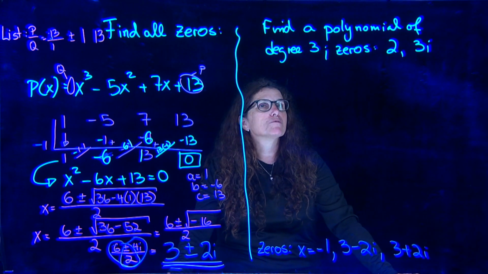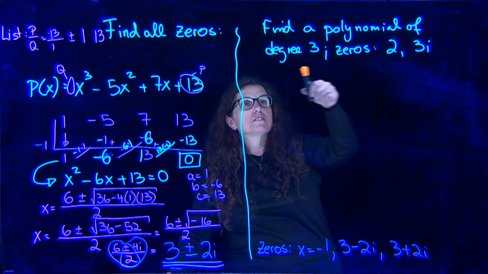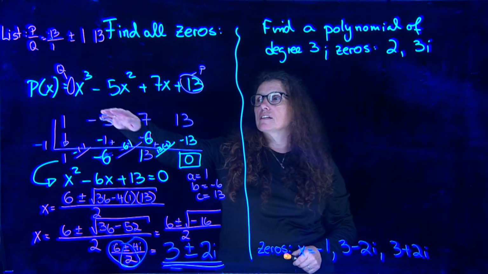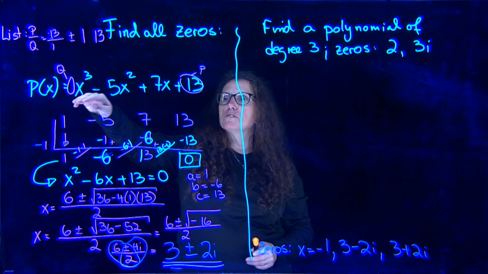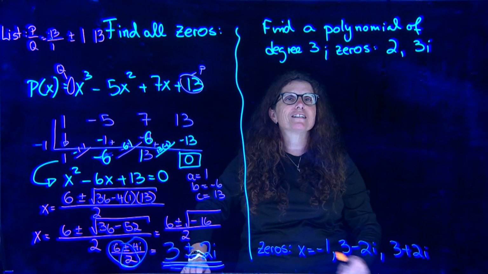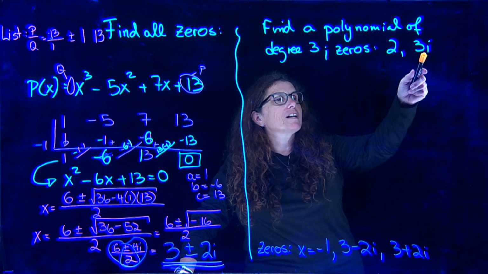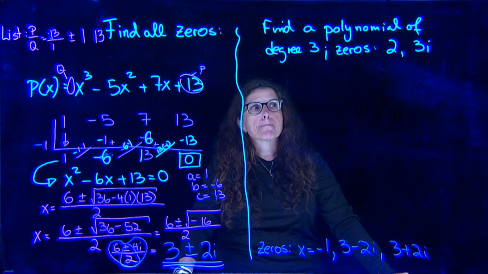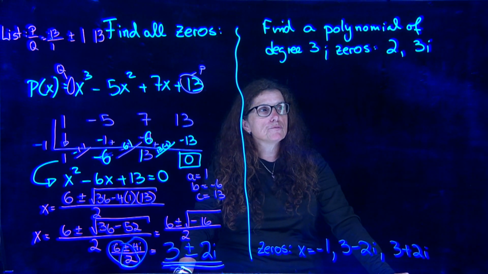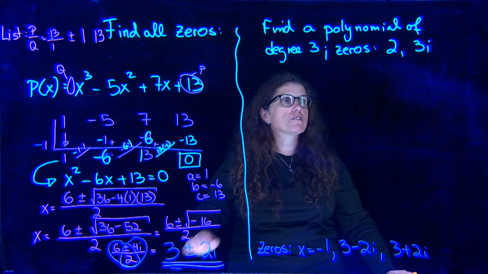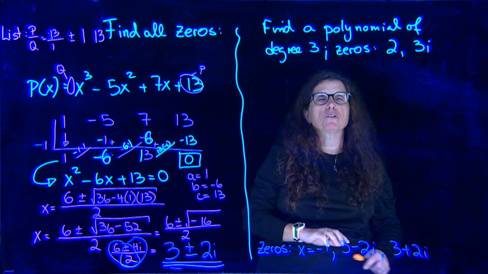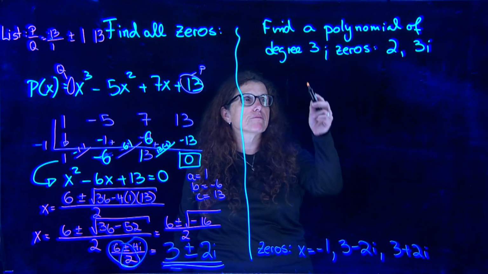Now we're finding a polynomial. I want to find the polynomial in expanded form that has a degree of 3, and the zeros are 2 and 3i. I only gave you 2 zeros, so where is the third zero since my polynomial is of degree 3?